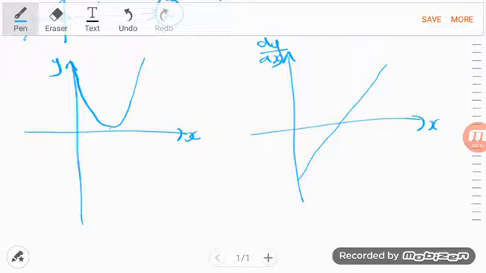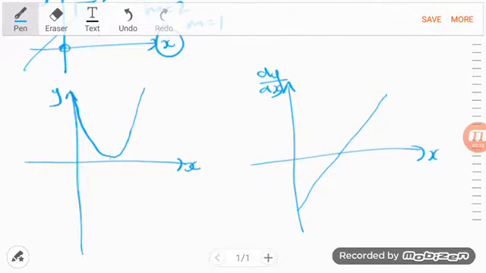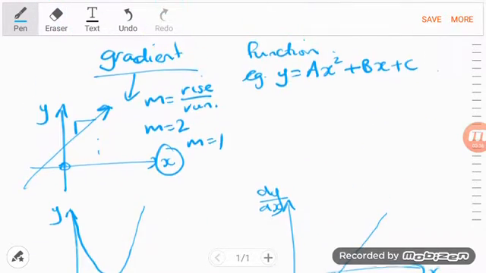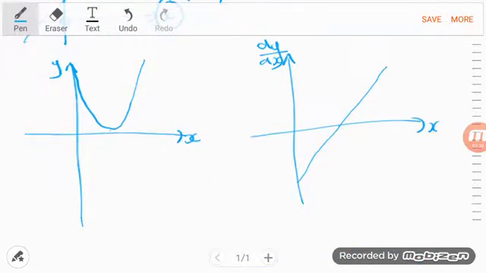So we'd have a graph that's a parabola and it ends up being a linear equation. Our gradient is not just a single number. We have a rule to describe the gradient at any given point, so that's why we have a gradient function. Okay, so it's a rule that we can use to find the gradient at any given point.